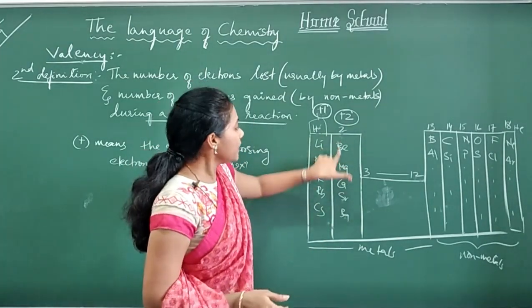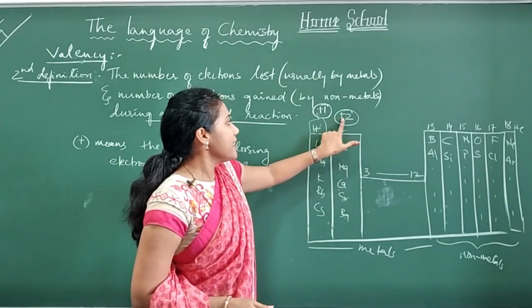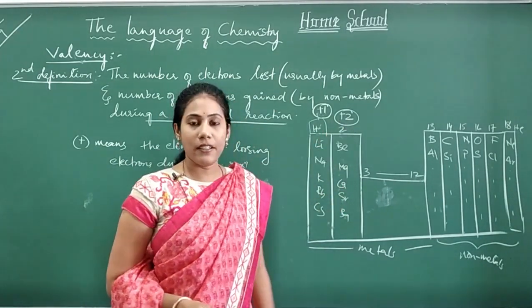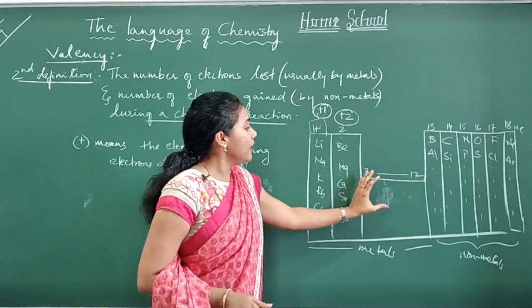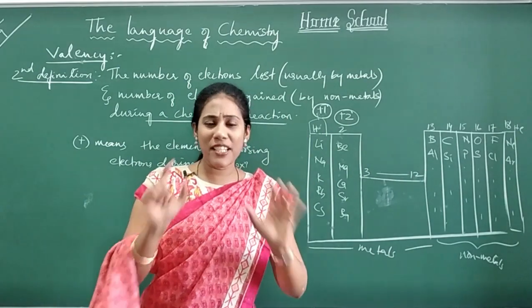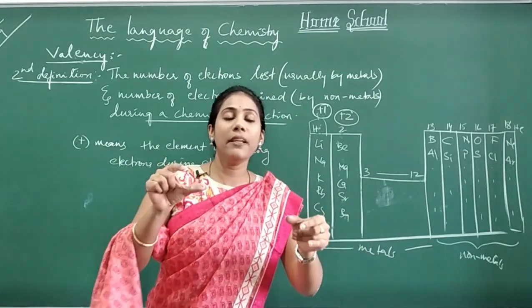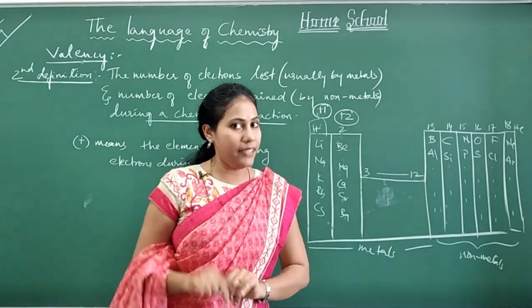How many electrons are these losing? 2 electrons. That is the reason plus 2 is the valency here. Elements from group 3 to group 12 don't have a fixed valency. They have a variable valency. We will discuss variable valency a little later.